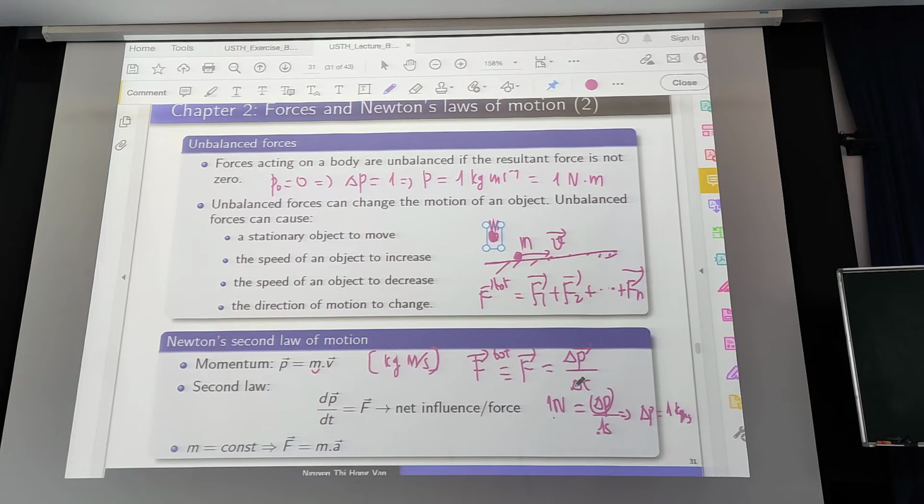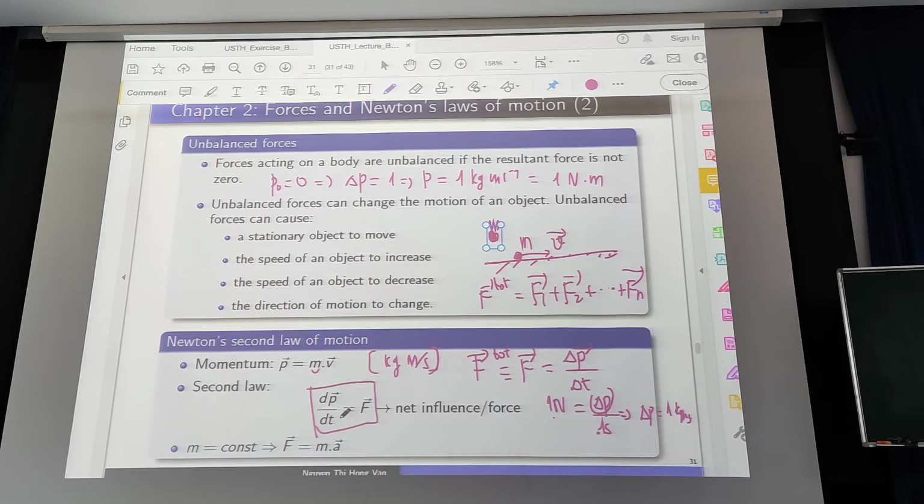Now if you consider the time interval to be very, very small, then you get the derivative. Okay? dp by dt equals F. So here the instantaneous value of the force is the first derivative of the momentum with respect to time. This way is maybe new for you. Okay?